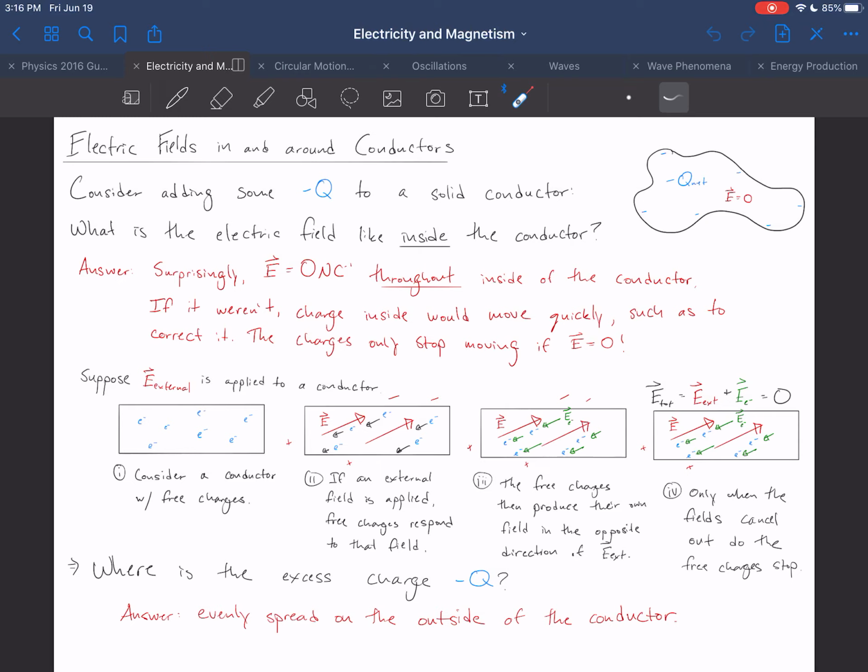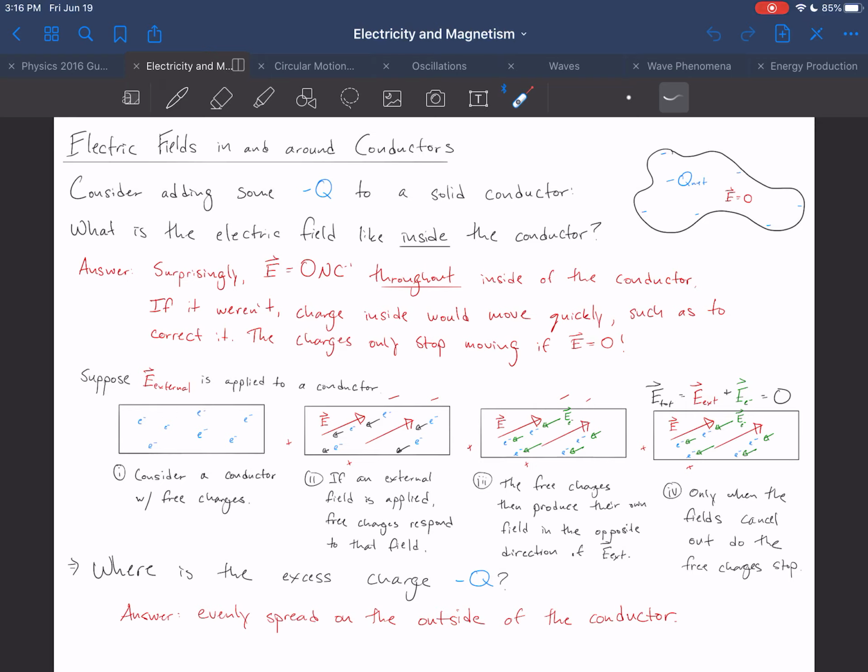Why aren't electric field lines coming into these negative charges at different points from inside the conductor, as well as from outside the conductor? How is it possible that within this space, the electric field is zero?